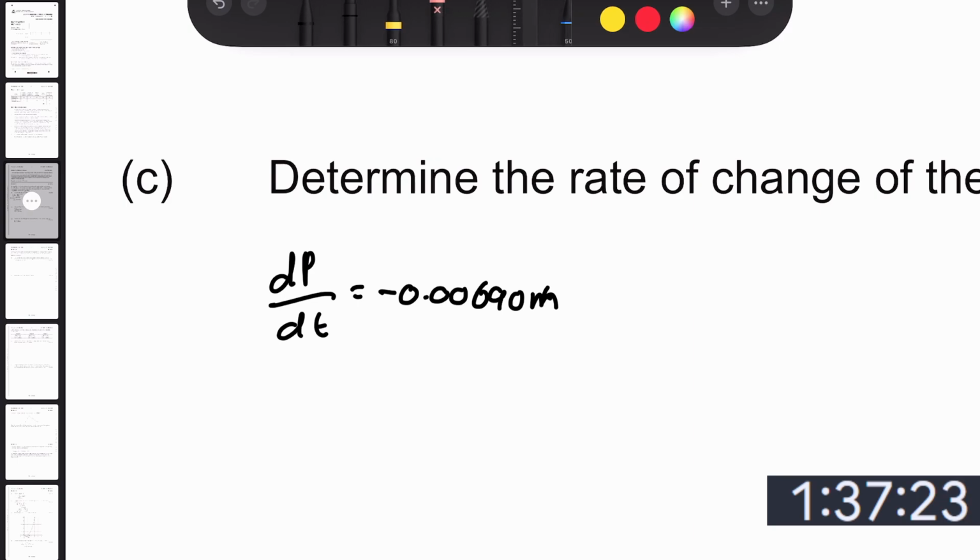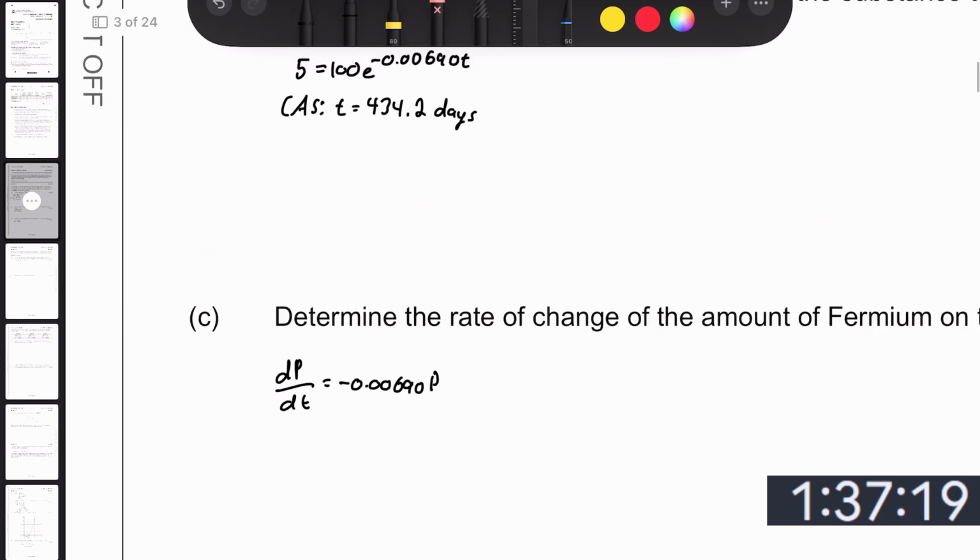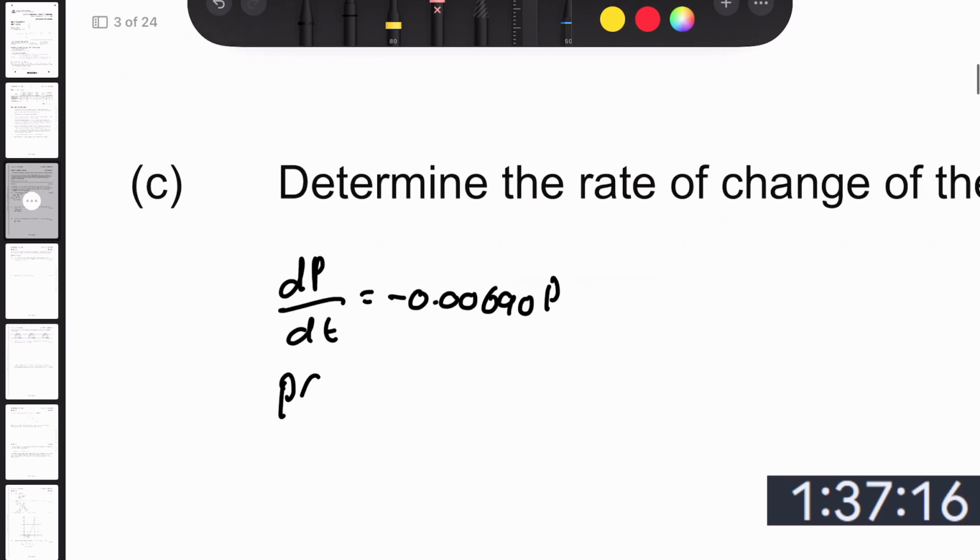Then I know, again, on the day found in part B, so at t is 345.2, P is just equal to 5.